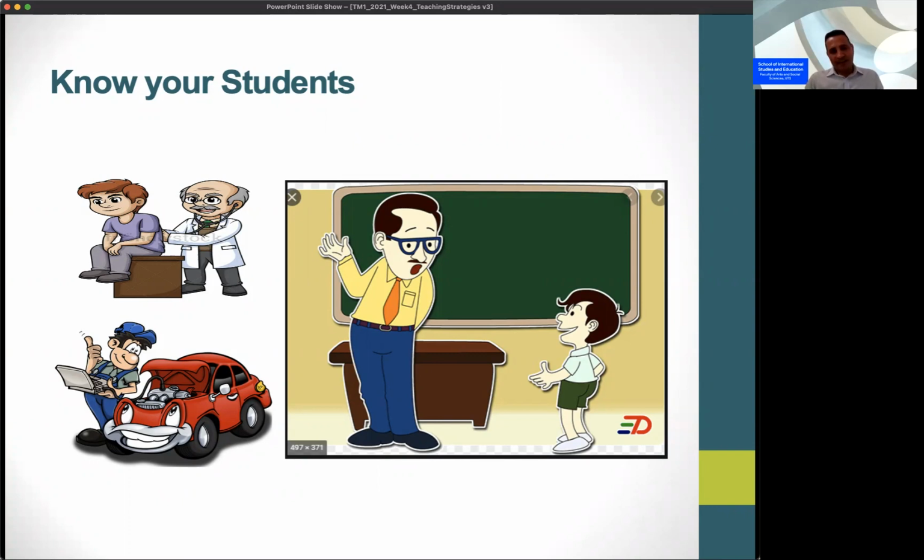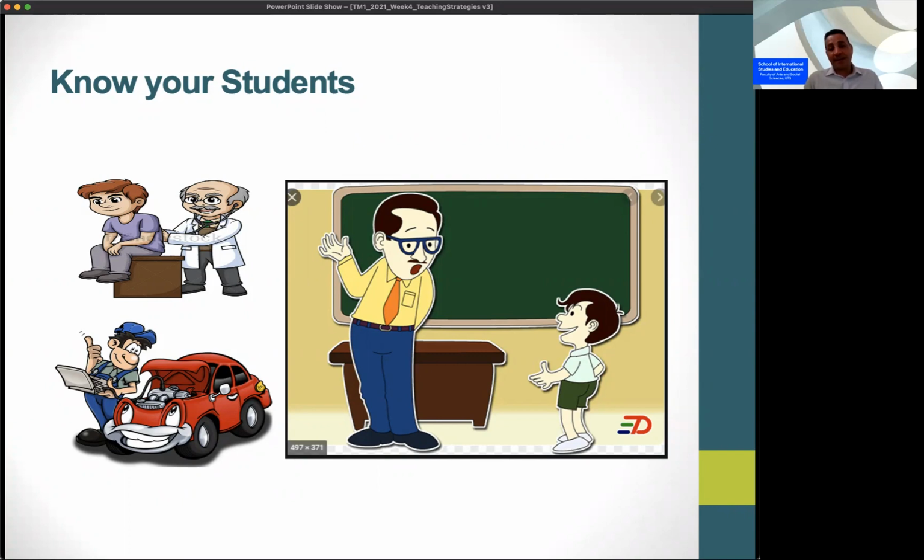I draw on an example here of the doctor examining a patient. And obviously, before the doctor prescribes the medication or any further assessments, he or she will need to do an examination. They're getting to understand the nature of the problem that the patient is experiencing.